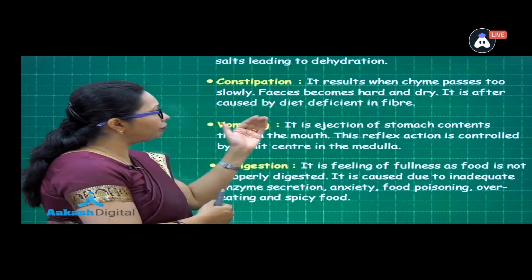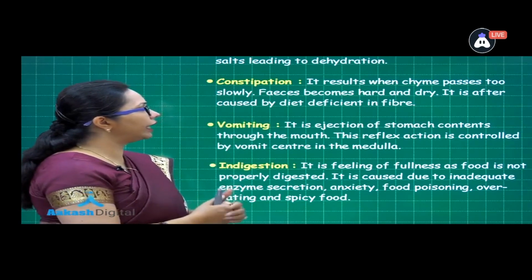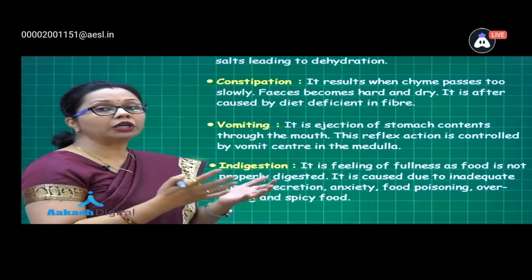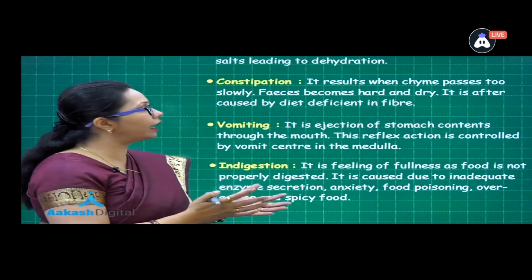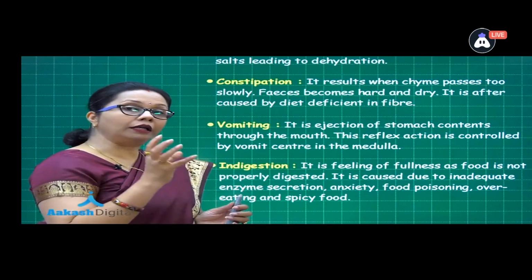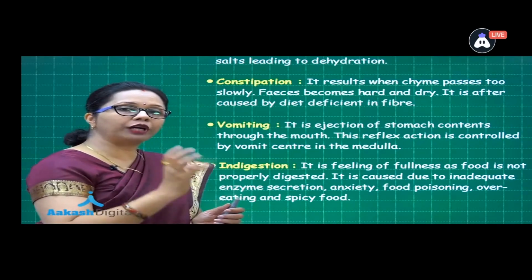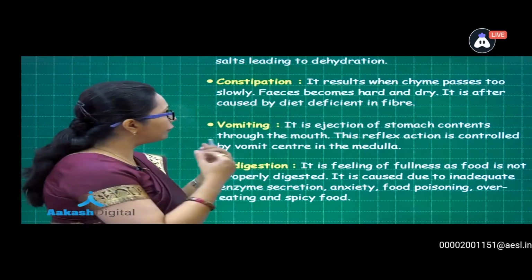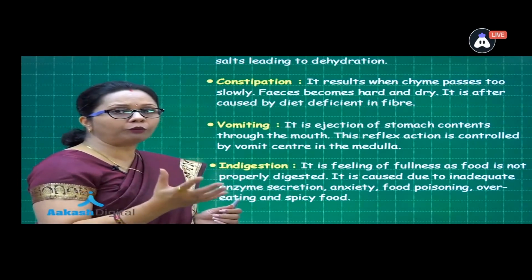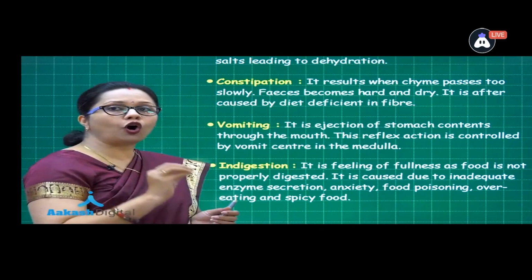And it can be controlled if the person takes a diet which is rich in fiber. And fiber, we know, that is roughage, cellulose, because cellulose has the ability to bind with water. And as a result, the bowel movements become easier. And if the person is already suffering from constipation, the relief can be brought about by giving laxatives or purgatives.